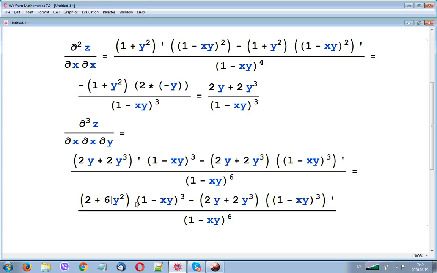This will be the first one. And here it will be 2y plus 2y cubed stays the same, and here instead of this you will write 3 of this squared and multiplied by minus x now, because you derive by x.